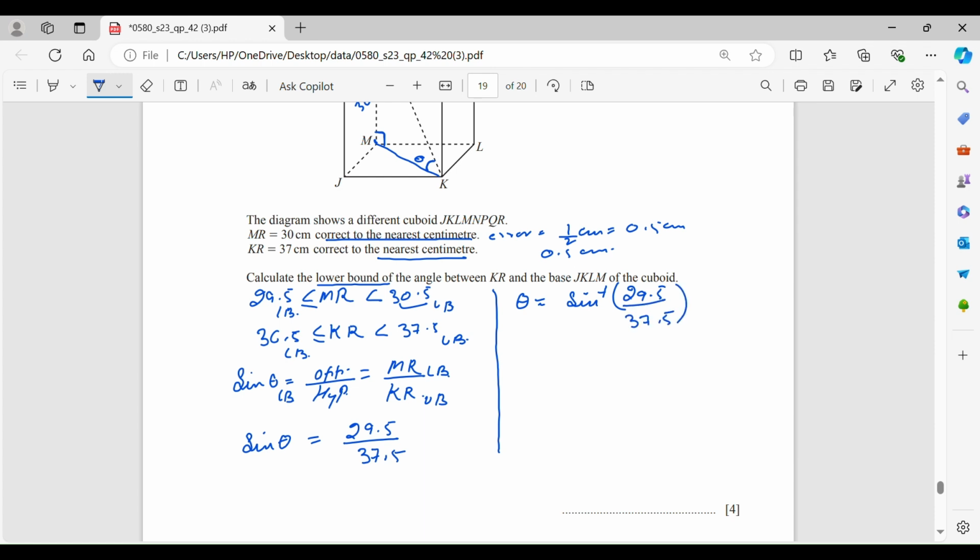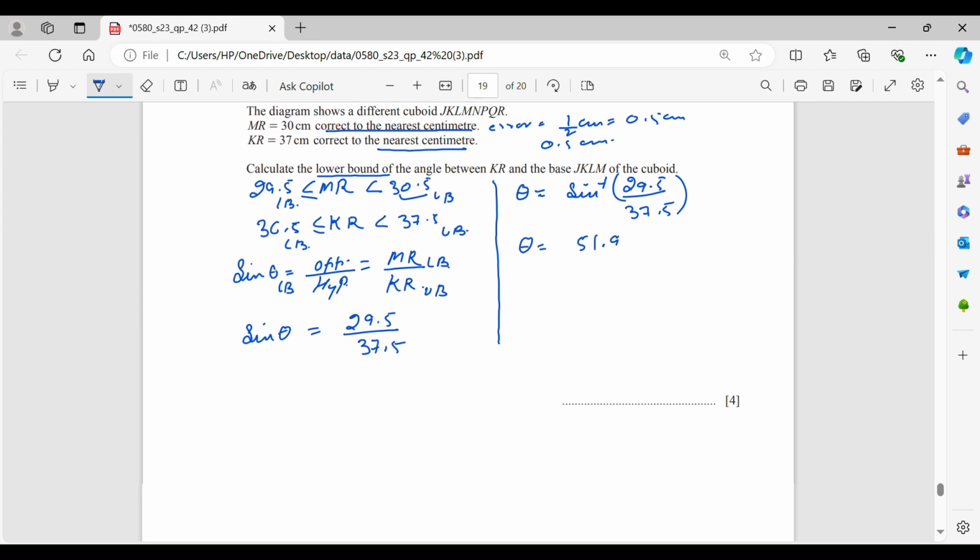So let me use the calculator for this. Theta will be equal to 51.9. So our answer is 51.9. So this was the last question.